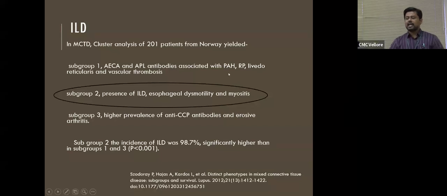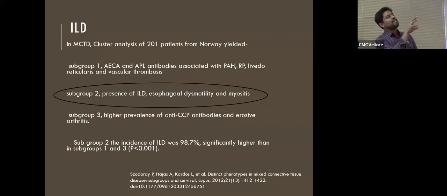There was a cluster analysis on 200-odd patients from Norway, which was published in the past. In that, they found MCTD patients had three different subgroups. The first subgroup was the vascular phenotype, with antibodies against endothelium and antiphospholipid antibodies, and they had more vascular features like pulmonary hypertension, Raynaud's, lipoid rash, as well as vascular thrombosis.